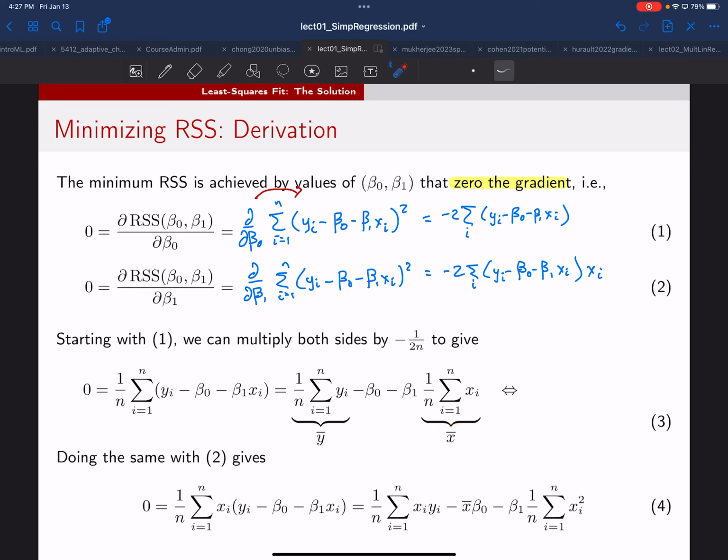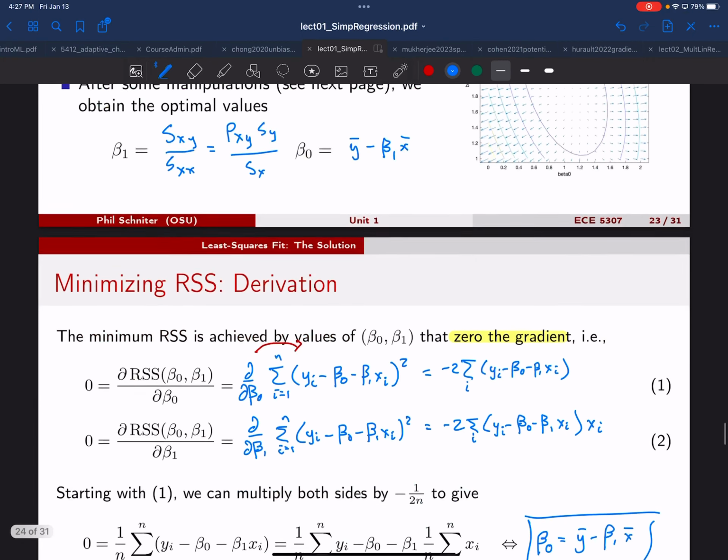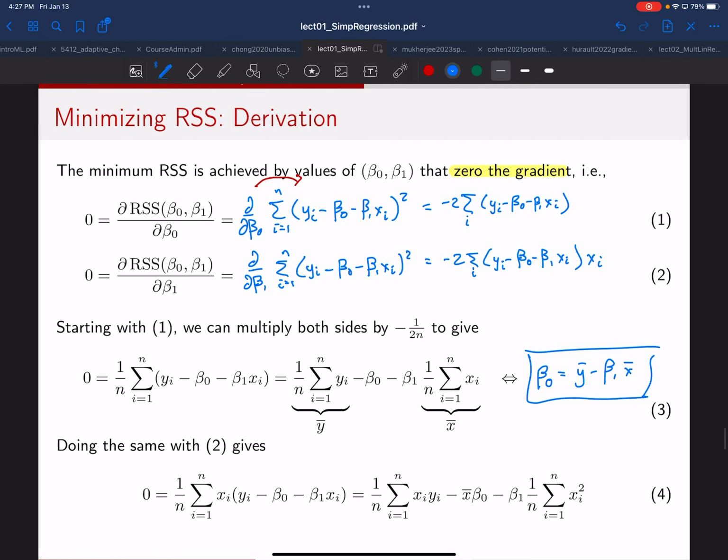So, summarizing what we figured out, we have 0 equals y bar minus beta 0 minus beta 1 x bar. We can rearrange that a little bit to find that beta 0 equals y bar minus beta 1 x bar. Okay? So that is our first equation from the previous slide that we've now derived.